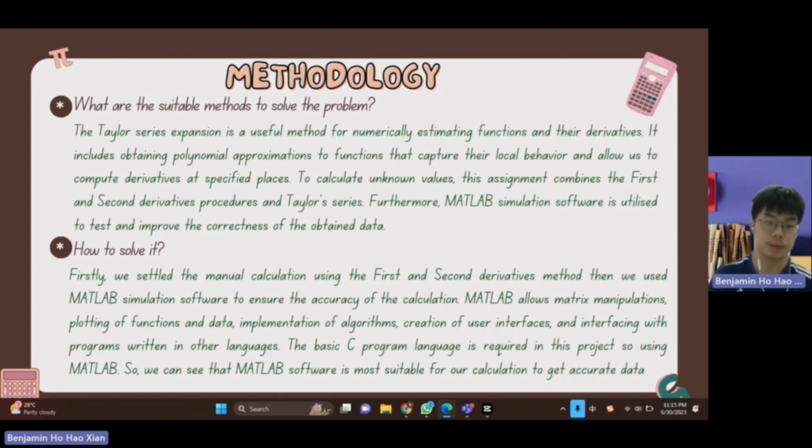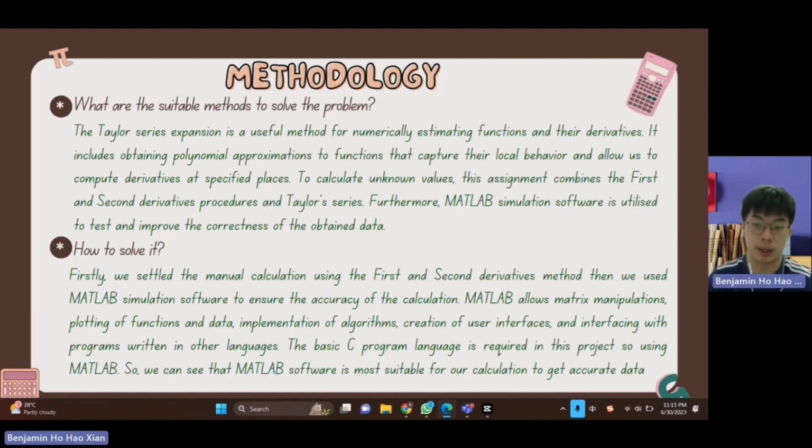How do we solve it? First, we do the manual calculation using the first and second derivative method. Then we use the MATLAB simulation software to ensure the accuracy of the calculation, whether it is correct or not.